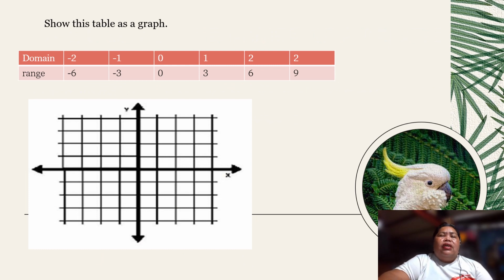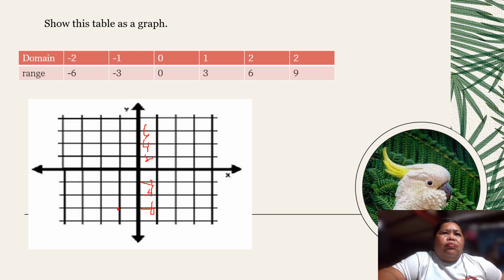Now show this table as a graph. Since our graph board is limited, we can use 2, 4, 6, and negative 2, negative 4, negative 6, by 2s, including the x values. So we have (-2, -6).